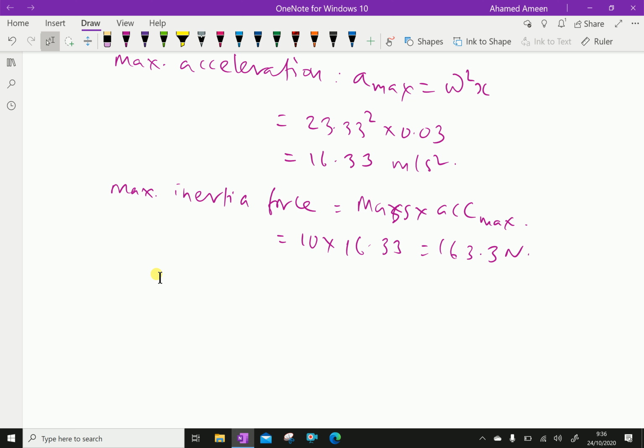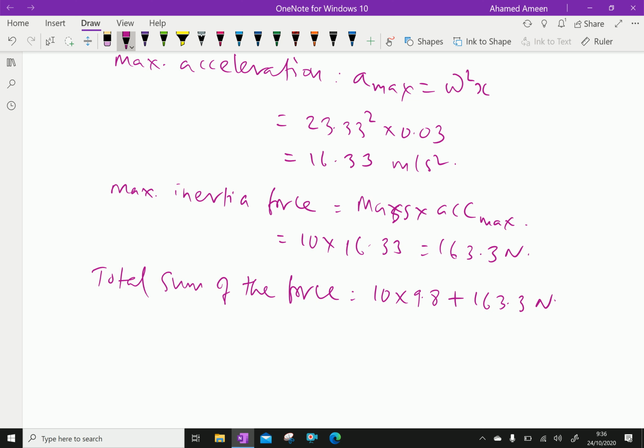Therefore, maximum force, total sum of the force is equal to the gravitational force, that is mass into 9.8, plus the inertia force, 163.3 newtons, which is equal 98 plus 163.3 newton, which is equal to 261.3 newton.